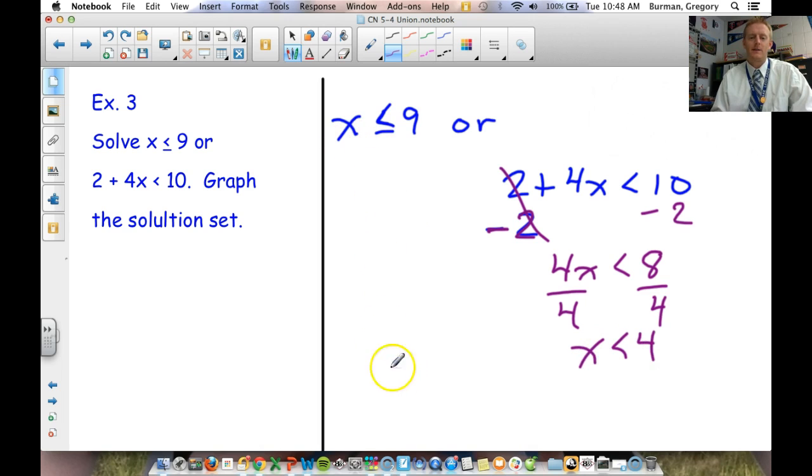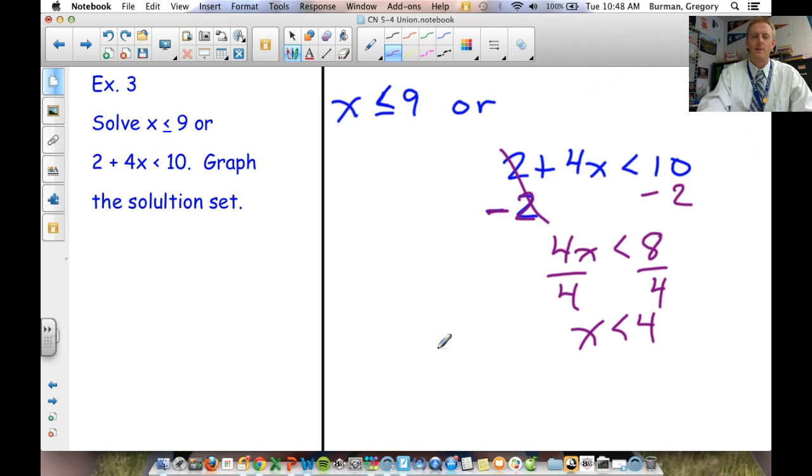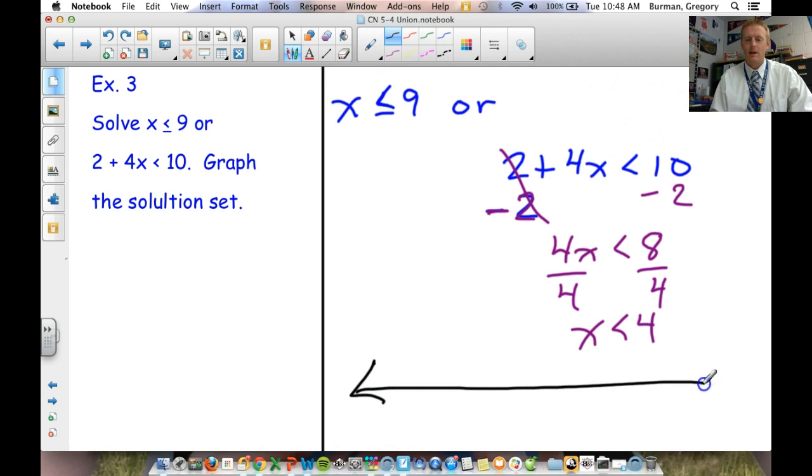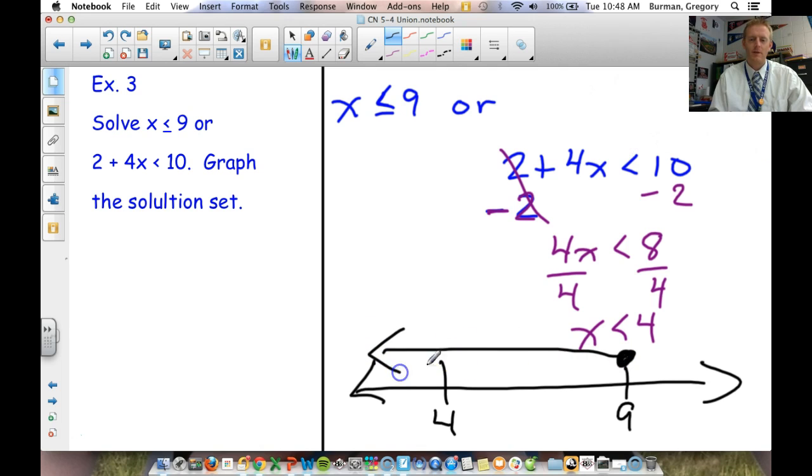So if x is less than or equal to 9, or less than 4, this should get ourselves a nice compound inequality again. So x is, here's our 4, here's a 9. Less than or equal to 9 means a solid circle and shading to the left. X is less than 4 is an open circle shading to the left.